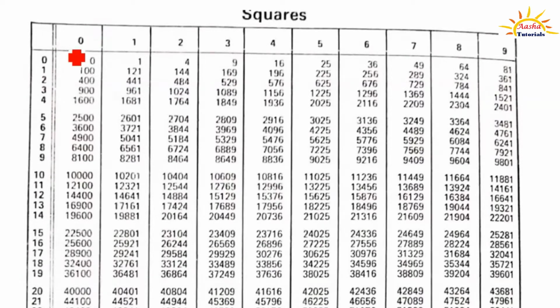So for 0 0, the square is 0 0 1, for 0 2 the square is 0 4. You know that the square of 2 is 4. So you just have to write after the first column number the next column number. Suppose I want to find the square of 22, then 2 2 is 22, and the square of that you find here is 484. Like that we can find the square of many numbers.